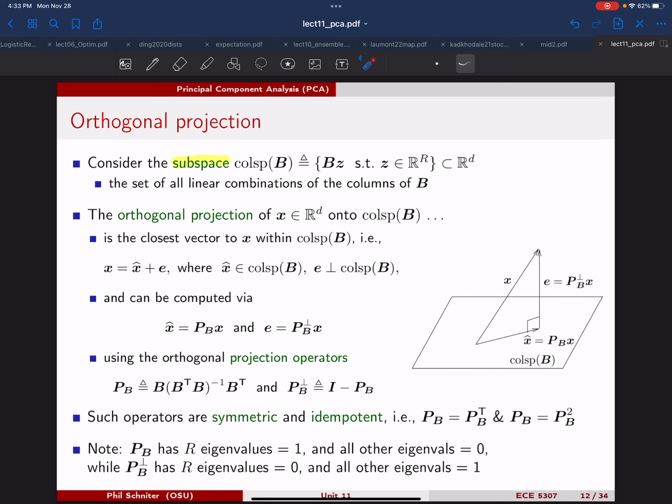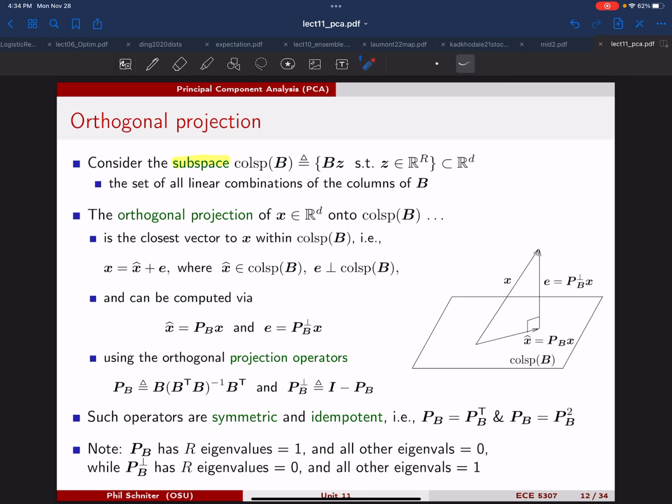So if we stack those 2 vectors column-wise into a matrix B, we say that the column space of that matrix B is the set of all vectors Bz, where what the z is doing is just a linear combination of the columns of B. Right?